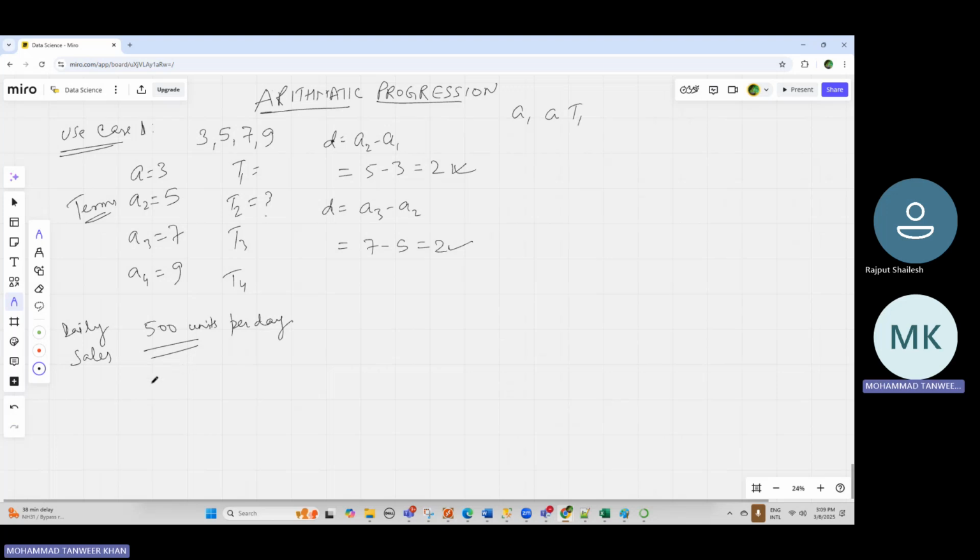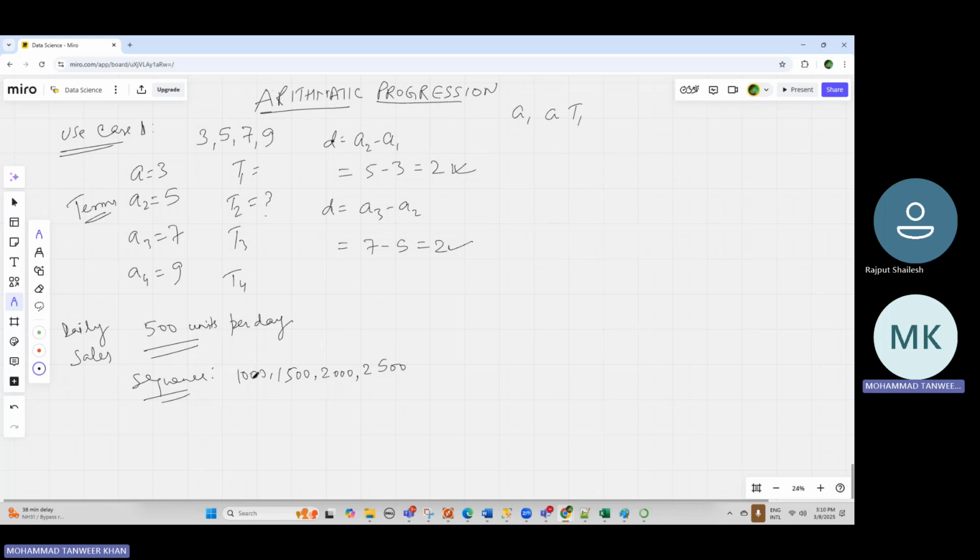Let's say the sequence we have is 1,000. The next will be 1,500, and then the next will be 2,000, and then 2,500. This will keep on increasing. So it is following an arithmetic progression, or you can say an AP pattern.